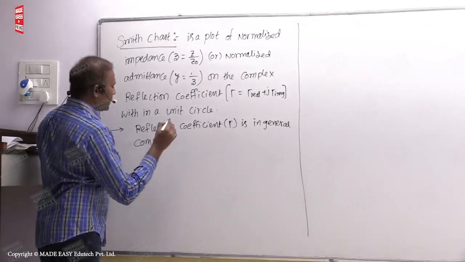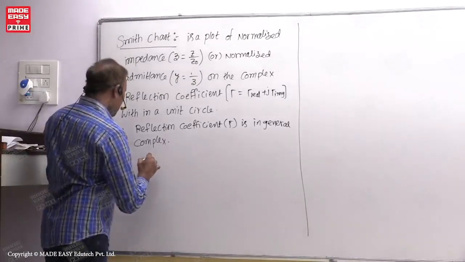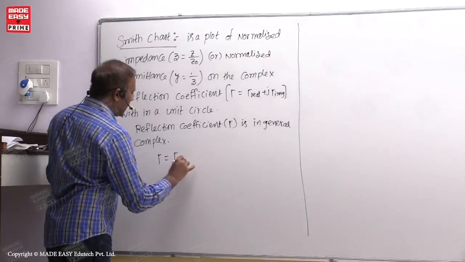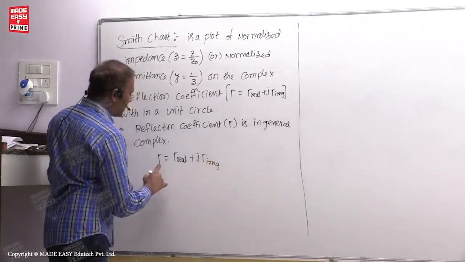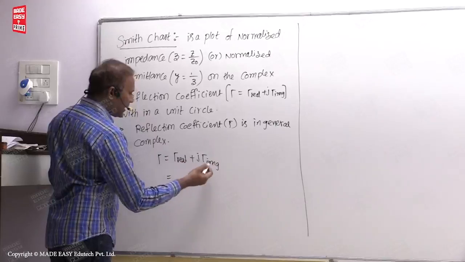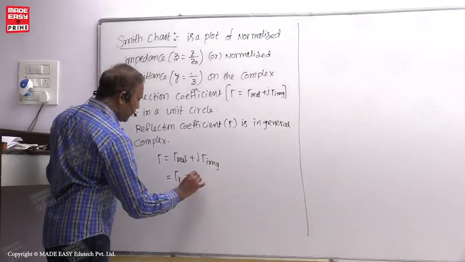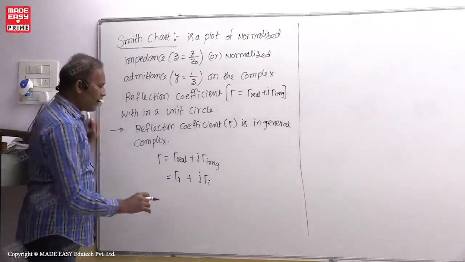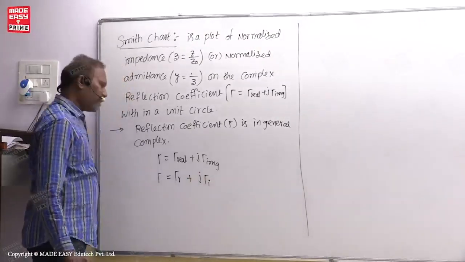It is complex, that means having real and imaginary parts. So that is why gamma is equal to gamma real plus j gamma imaginary, because it is a complex number. Every time it is difficult to write this gamma real imaginary, so simply I will put gamma r plus j gamma I. Gamma r means real part of reflection coefficient and gamma I means imaginary part of reflection coefficient.